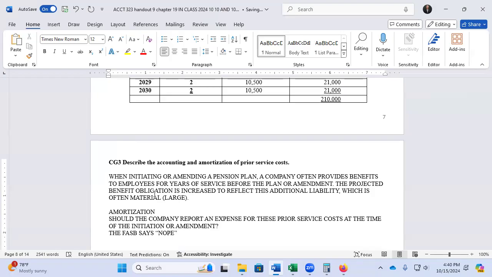I think you can find it if you look hard enough. The employer would not provide this benefit unless it expects to receive benefits in the future.